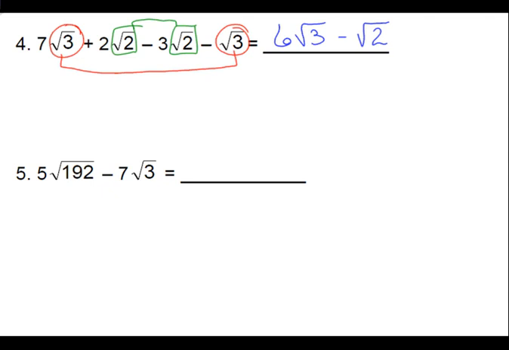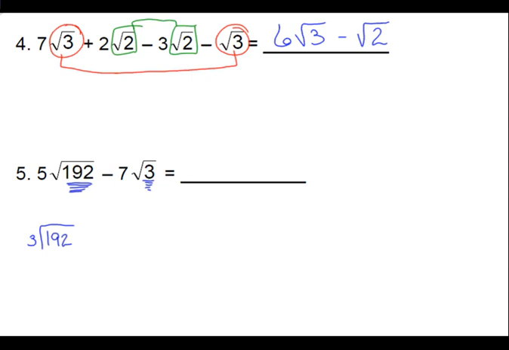Now looking here at number 5, they don't look the same, but wait a minute. This is an awfully big number, so we've got to see if we can simplify it first. And what I would always start with is by whatever number this one is. So let's take 192, and let's divide it by 3 and see what we get.